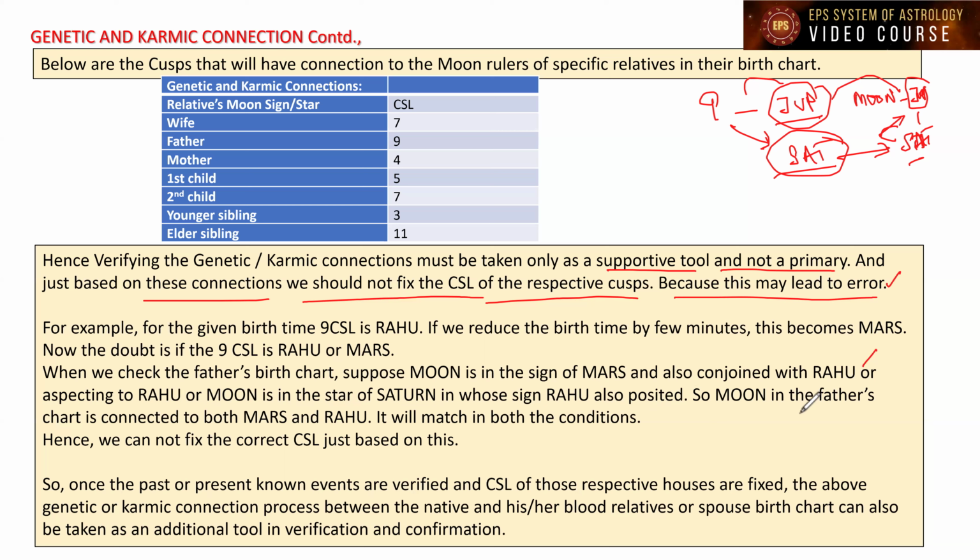So the moon in the father's chart is connected to both Mars and Rahu. It will match in both conditions.